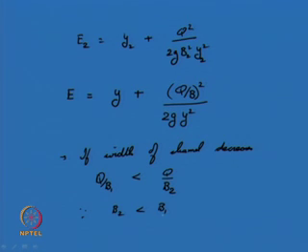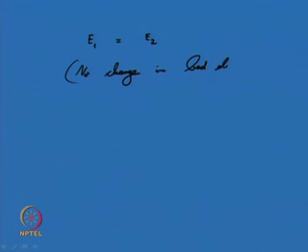There is no energy loss between section 1 1 and section 2 2. As it is a frictionless channel, you can see that E 1 is equal to E 2 in this case, because there is no change in bed elevations. Therefore, E 1 is equal to E 2.